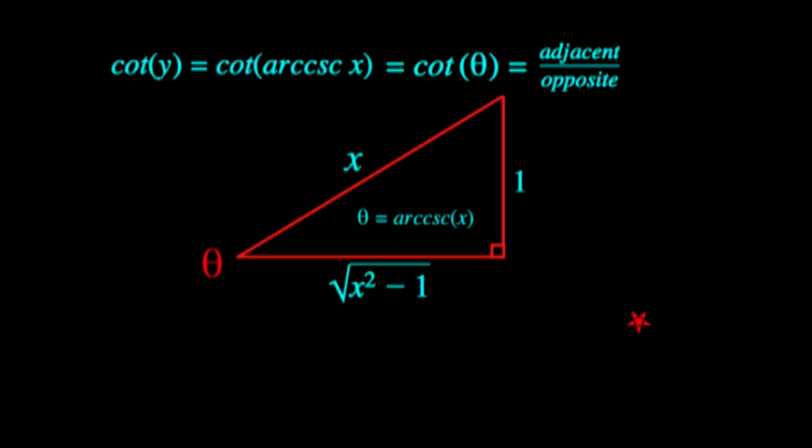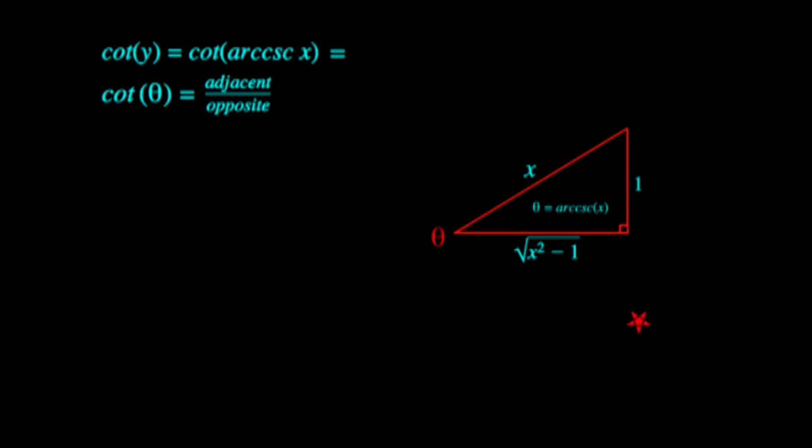The cotangent of theta corresponds to the value of the length of the adjacent leg of the right triangle divided by the length of the opposite leg of the right triangle. Root x squared minus 1 divided by 1 works out to be just root x squared minus 1. And I apologize again for the fact that y and theta are the same variable.